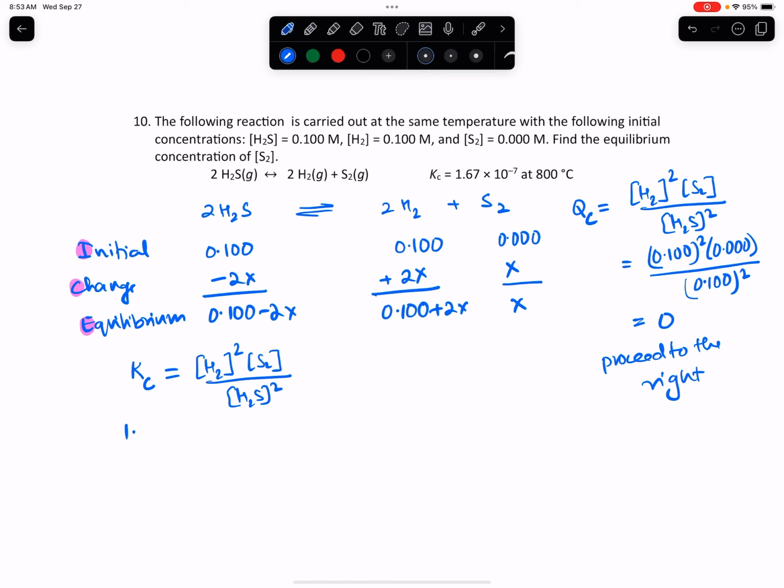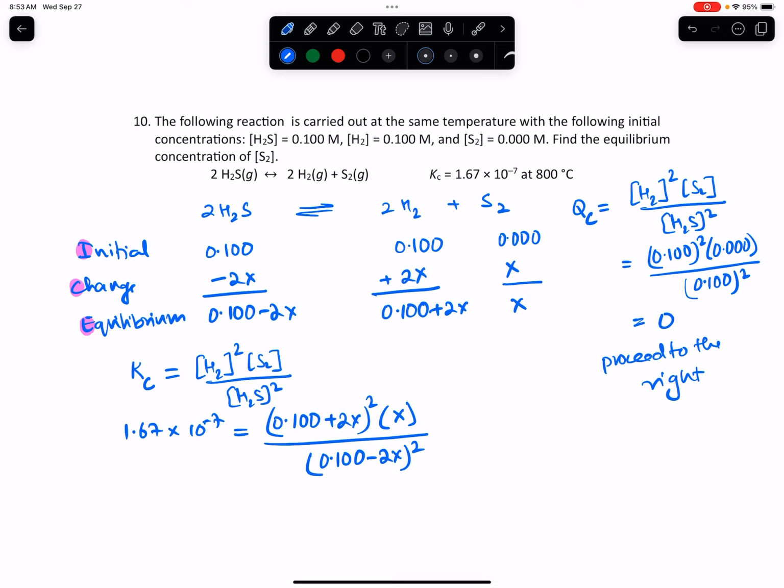So Kc, 1.67 times 10 to the negative 7, is equal to 0.100 plus 2x raised to the power 2 times x over 0.100 minus 2x raised to the power of 2. Once I have this, the next thing to do is to pay attention.